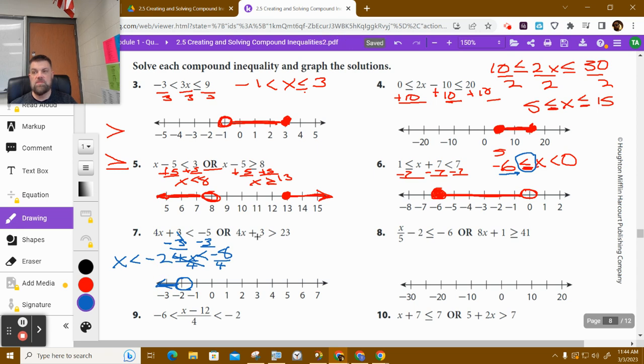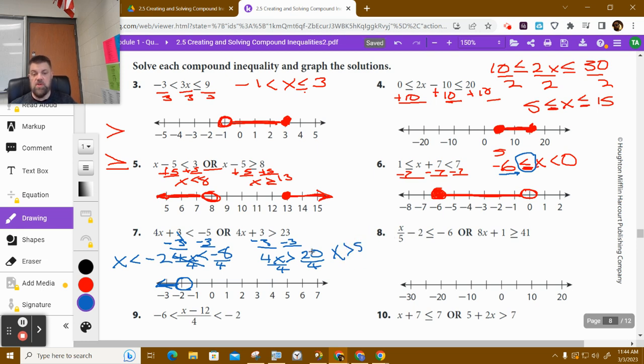Let's do this one. This one we do the exact same way. I'm going to subtract 3 from both sides, and I get 4x is greater than 20. Divide both sides by 4, and I get x is greater than 5.